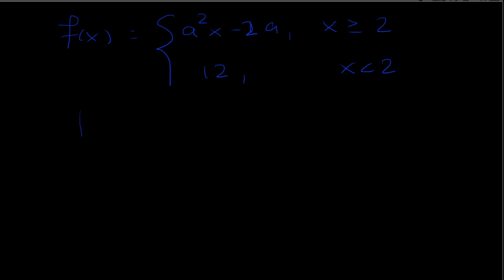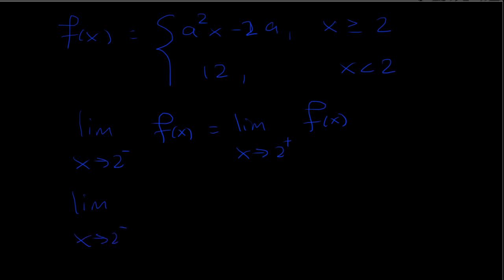So in order for this to be continuous, the left-hand limit has to equal the right-hand limit. So the left-hand limit is when x is less than 2, so we're going to say x approaching 2 from the left of 12. And the right-hand limit, we will be using the a squared x minus 2a, since x is greater than or equal to 2.